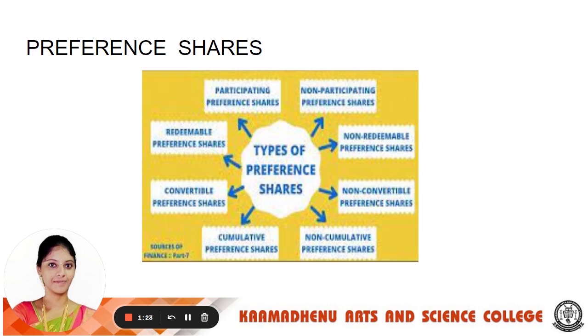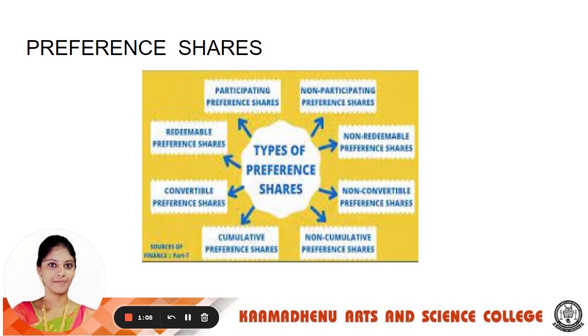The next one is non-cumulative preference shares, in which the dividend does not accumulate. If the dividend is not paid for a particular year, the right to its payment expires.